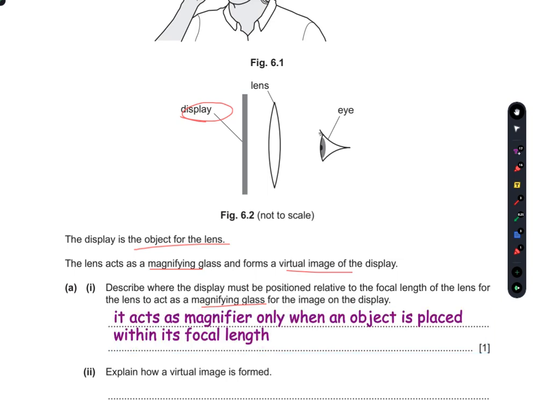So if this lens acts as a magnifier, then suppose this is the focal length, and this display which acts as an object must be placed within the focal length, so that the lens acts as a magnifying glass and forms a virtual image. So that's the only condition you have to satisfy.